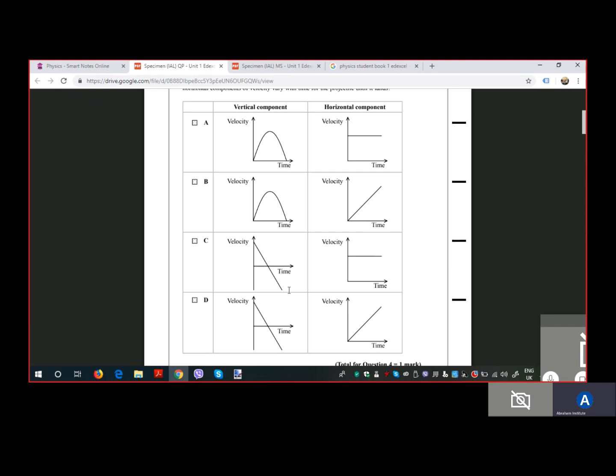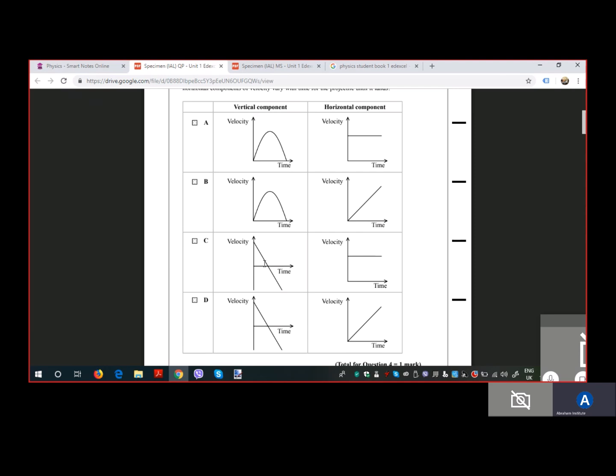You can choose whichever direction you want as positive or negative. If you take up as positive, whatever is down is negative. Do you get it? Since they have taken up as positive, the projectile is thrown up in the beginning, so it is going up. That's why the velocity is positive in the beginning.